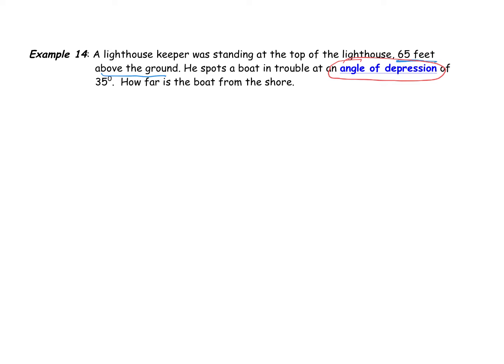So we need to discuss a little bit about what angle of depression means, or the other alternative that we might be told, angle of elevation. The important thing with these angles is they are measured from the horizontal. An angle of depression means you take a horizontal segment and then go down from the horizontal.